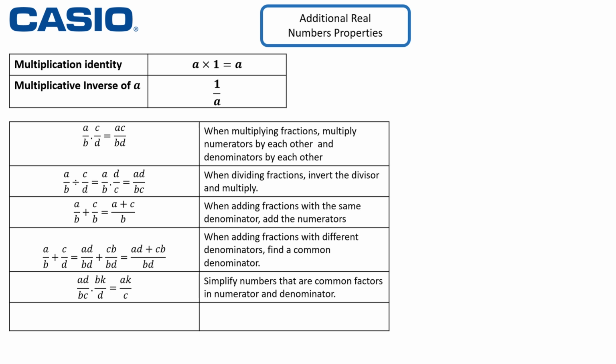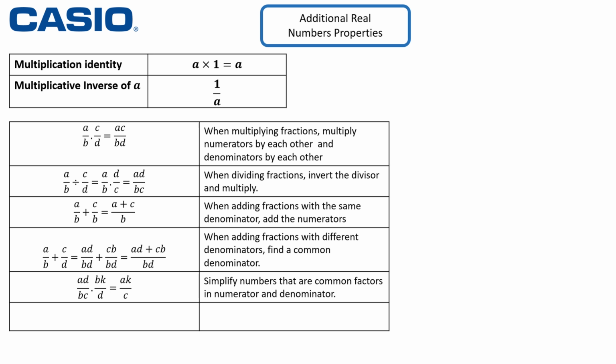We have D, it is found in the numerator and denominator, and also B. So in this case, we can simplify B together, D together, and I will remain with AK over C.